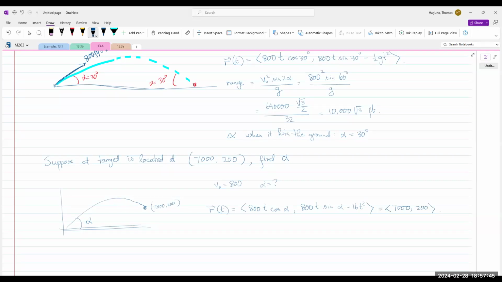In other words, from the x component we need to find the time and the alpha. So we have two variables here to make it 7,000, and we also have two variables, time and alpha, in the y component to make it 200.